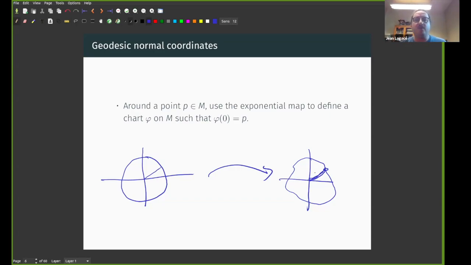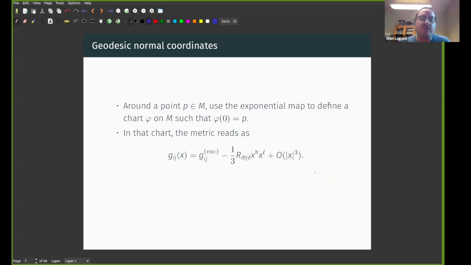If you use that map to define coordinates, the metric will read in the following way. Your metric at x, a point in the disk of radius r_0, will look like the Euclidean metric plus a correction, and this is what's important here, this correction is of order 2, and then lower order terms.